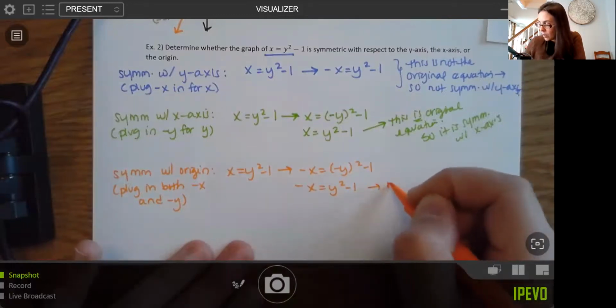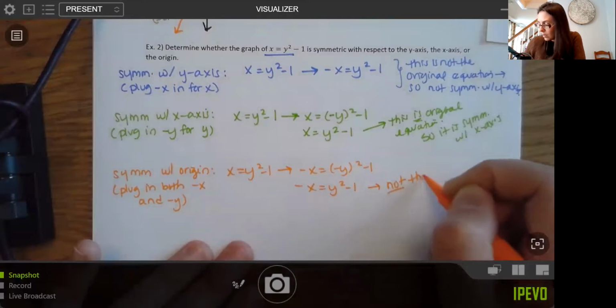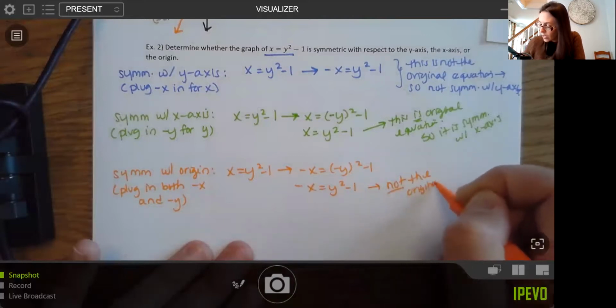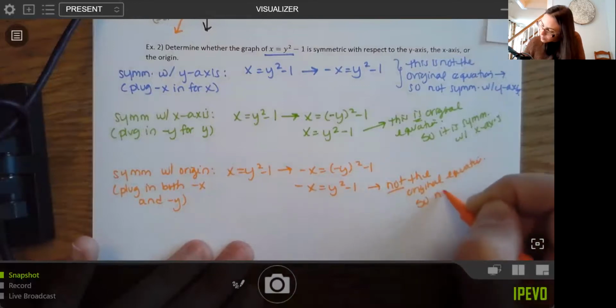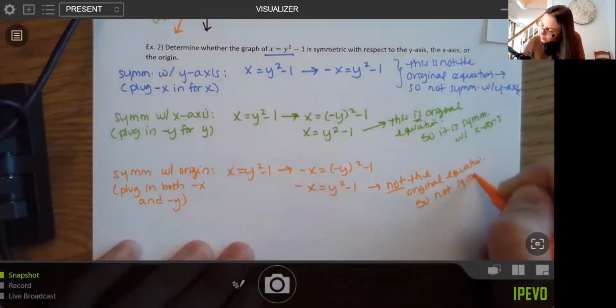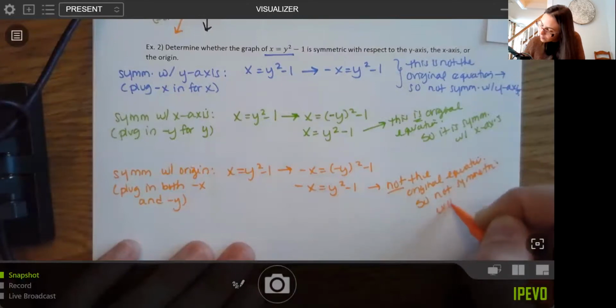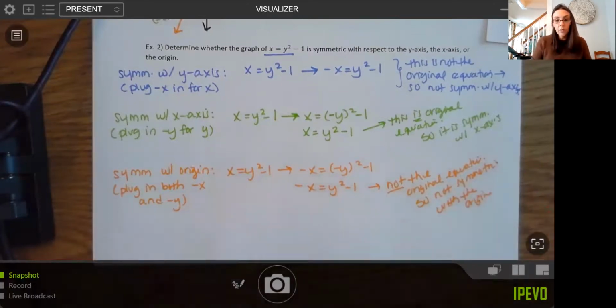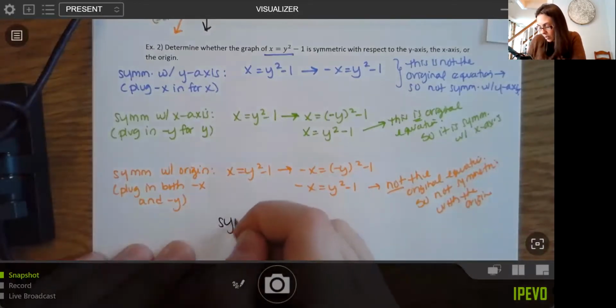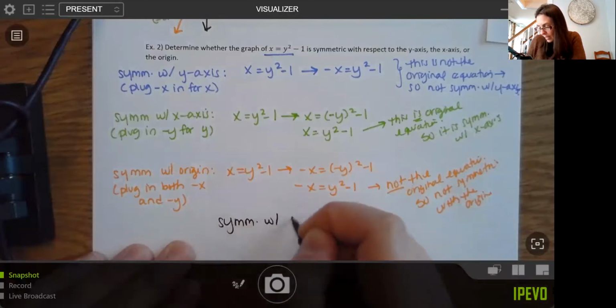So this is not the original equation. So it is not symmetric with the origin. So here we only have one symmetry. We see that this equation is symmetric with the x-axis.